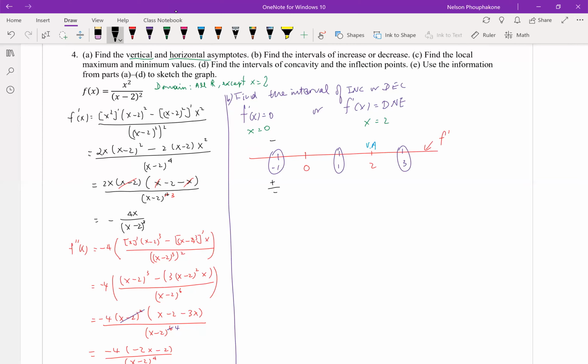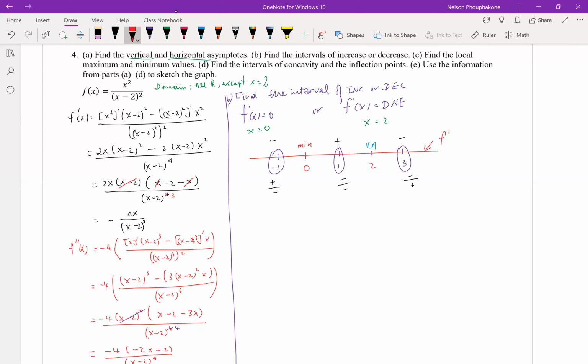Plugging in 1, I have negative, then negative, and plugging in 3, I have negative, positive. Now you know that it goes from decreasing to increasing. This one is my minimum, and of course this is my vertical asymptote.